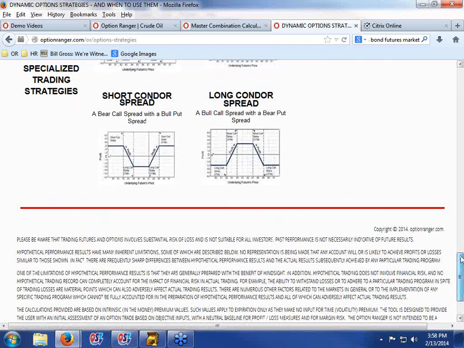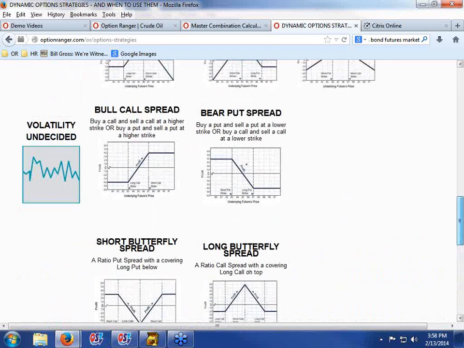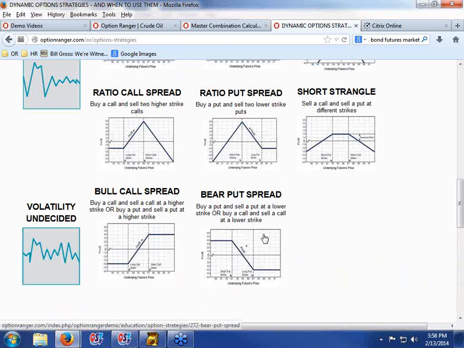If you want to do one particular leg on a trade, you can look at, for instance, a bear put spread, which consists of collecting more premium than you spend.